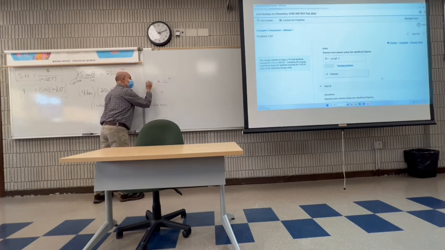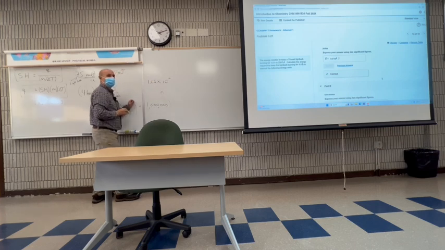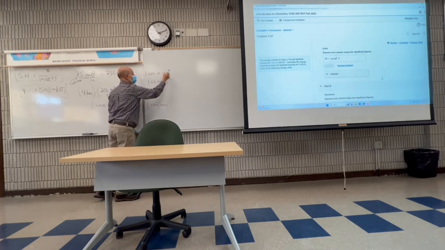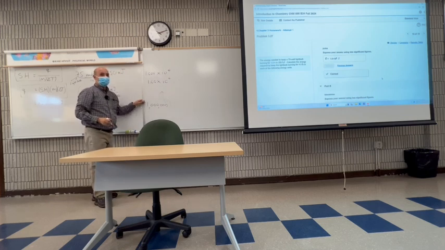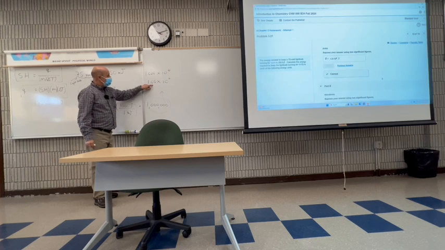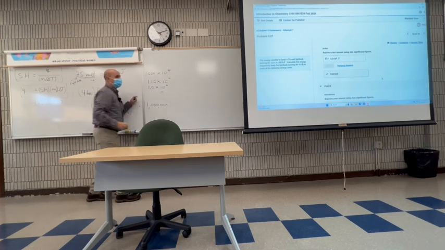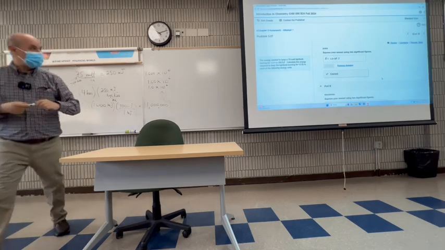Here is where the two significant figures is. If you need 3, you add another 0. If you need 4, 1.000 times 10 to the 6th. These are all the same number, but with different numbers of significant digits. This is the only one with 2, and that's what the problem converted that to.